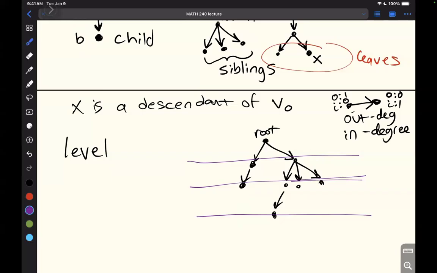The level of a vertex in a tree indicates the length of the unique path from the root to that vertex. So if we think of this vertex down here, it took us 1, 2, 3, a path of length 3 to get from the root to this very bottom vertex. And so we say that this vertex is on level 3.